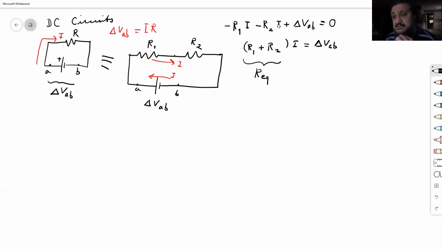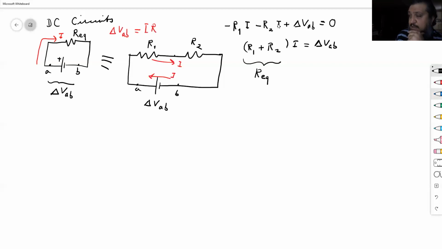Okay, replace the combination of R1 and R2, or as many as you like, many resistors connected. You take that combination and replace it with a single resistor, which is called REQ, R equivalent, so that in the end you would get the same current.